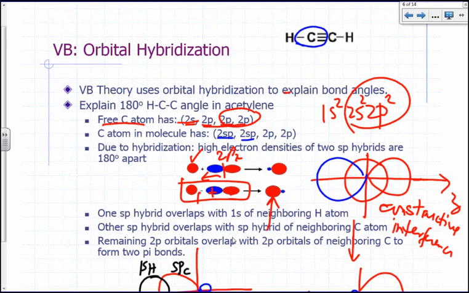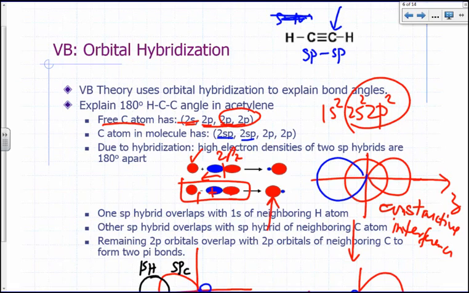So we say that this is an s to sp overlap. The s orbital of a hydrogen overlaps with an sp hybrid from carbon. That accounts for that sigma bond. And the other sigma bond right here is an sp orbital of this carbon overlapping with the sp orbital of this other carbon right here.